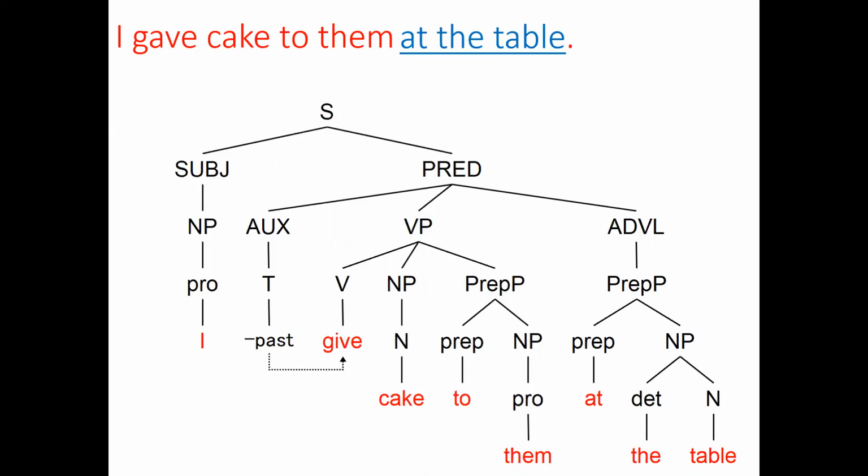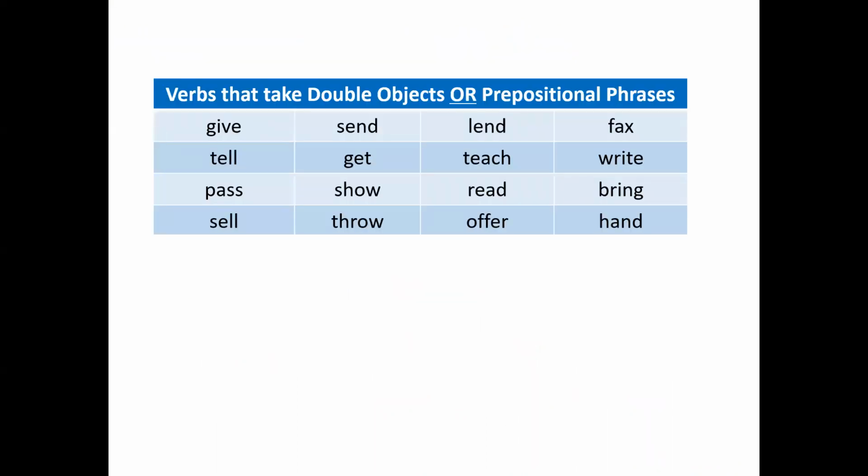We've used the verb give to illustrate both the SVOO and the SVOP sentence patterns. So what other verbs are used in these sentence structures? Here is a list of ditransitive verbs, or verbs that take double objects. You'll notice that this is the same list of verbs shown in the previous video to illustrate SVOO.